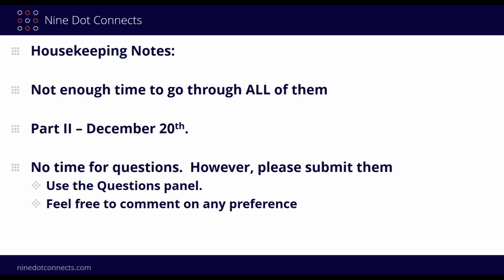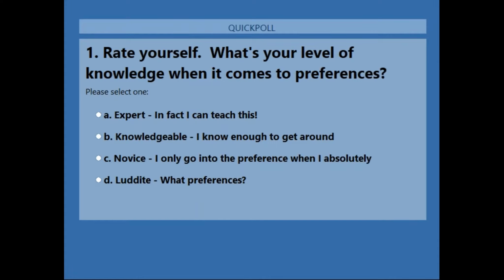Before we begin, we do have 2 polls for you. The first poll is to basically rate yourself. I'm curious to understand how much knowledge you feel you have in the preferences.